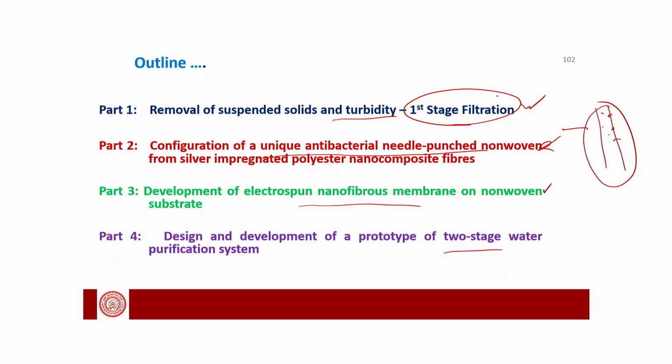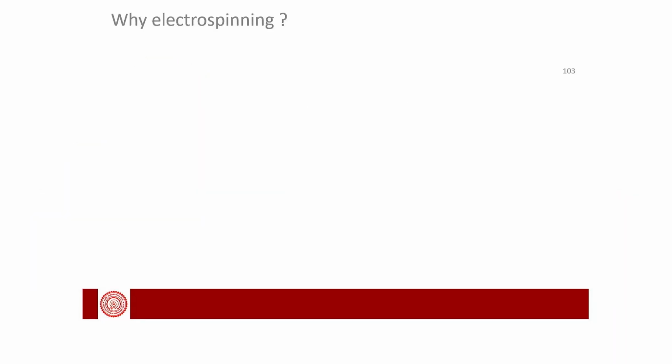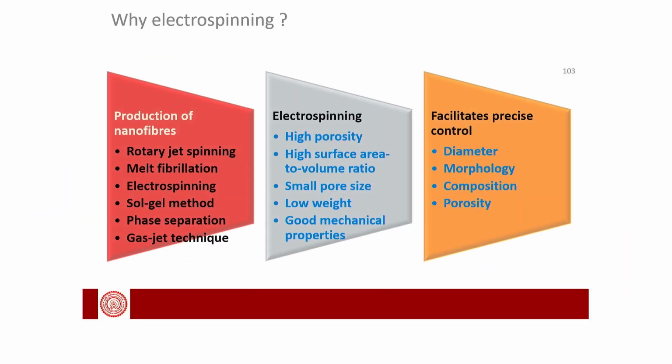That is, stage 1 is turbidity and solid removal by wicking, and stage 2 consists of all the 3 parts, where the non-woven nanofibrous membrane was developed. So, the electrospinning that we have discussed.